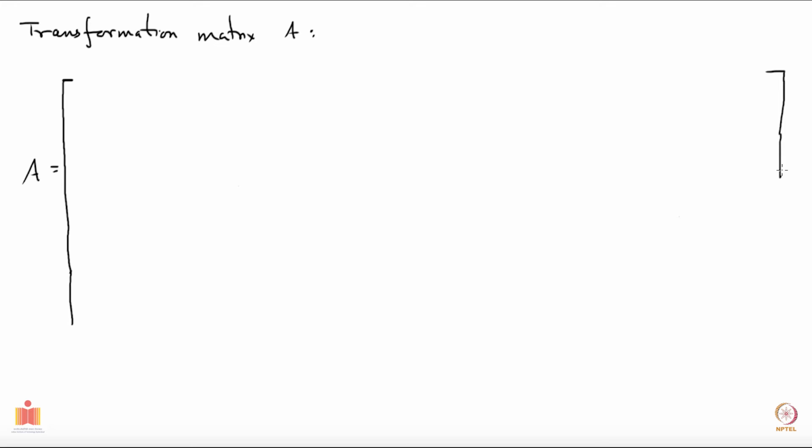So the answer, if I have made no mistakes in deriving this, should be the following. Cos of psi times cos of phi minus cos of theta sine of theta sine of psi.